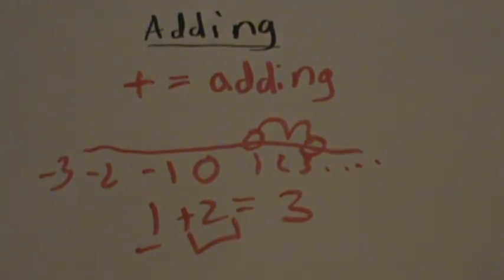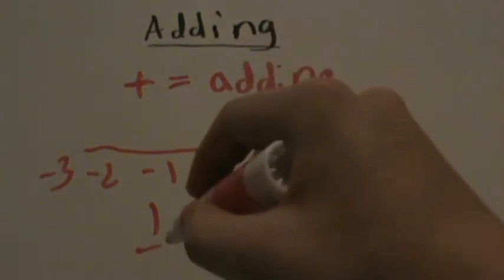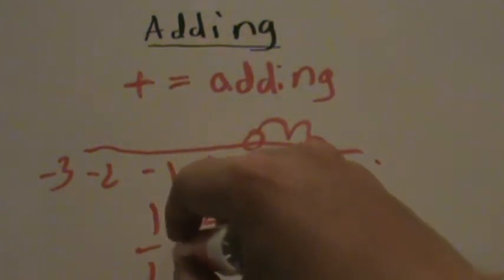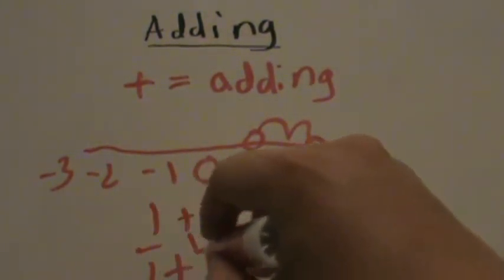Now, you can do this with negative numbers as well, but it's a little bit different. Let's say we start at 1 again, and now we add -1.